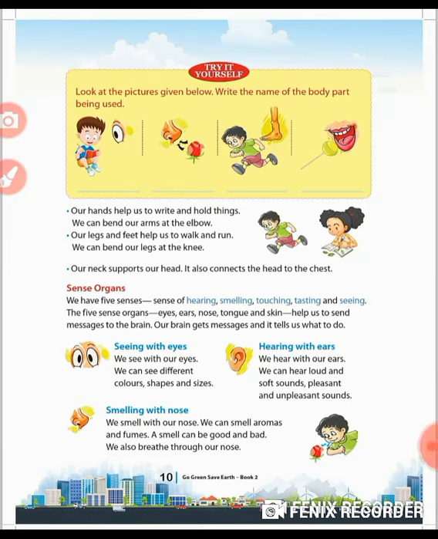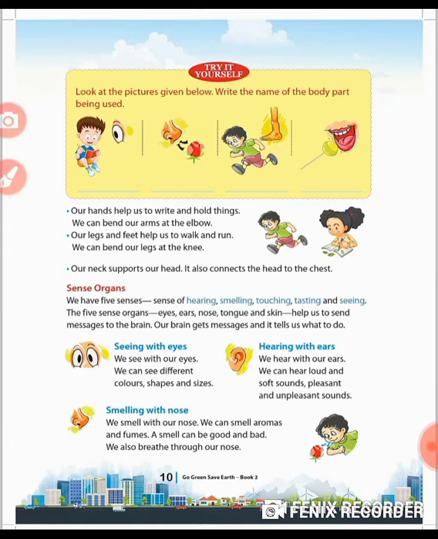So listen here. The sound which make us feel happy is pleasant sound. For example, sound of a river flowing, waterfall, sound of birds like cuckoo, etc. These are the sounds which make us feel happy.